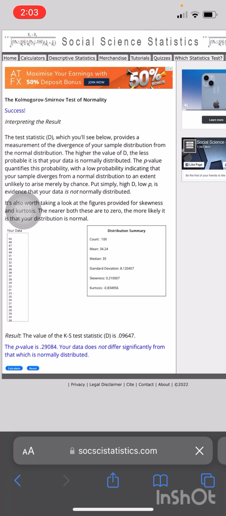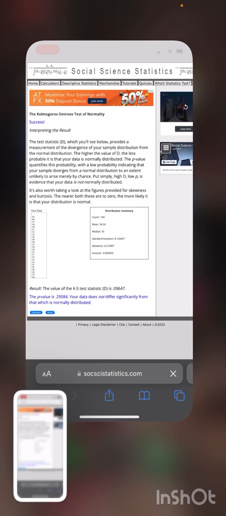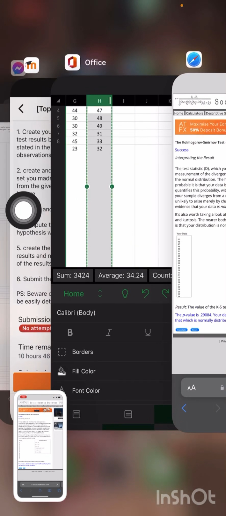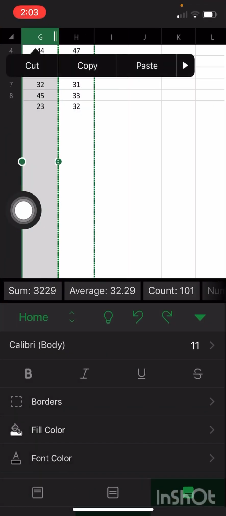The p-value is 0.29084, which is normally distributed. So we know our two data sets are normally distributed. Screenshot.